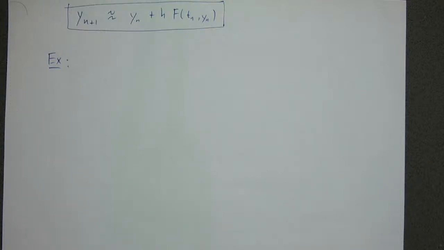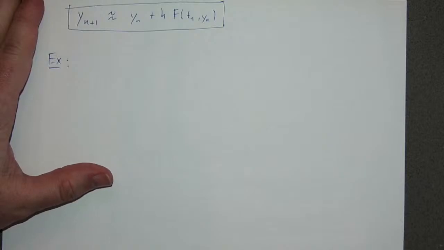But if you're asked to do this on a homework or on an exam, you're going to be doing this by hand, and you're not going to have to do this for 10 time steps. You're not going to have to do a ton of nasty basic arithmetic. It's just going to be a few steps to illustrate what's going on.